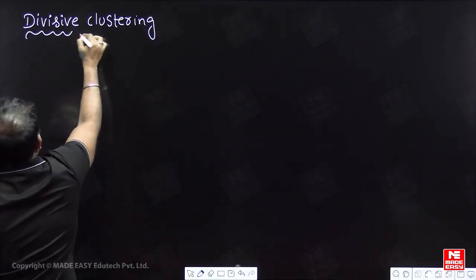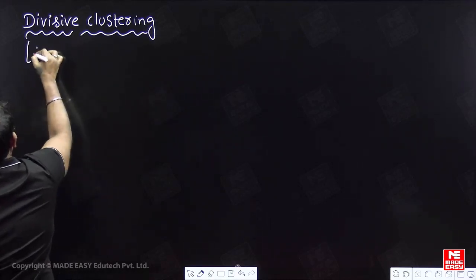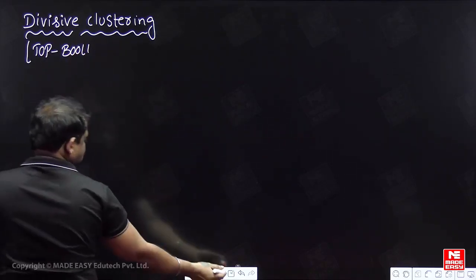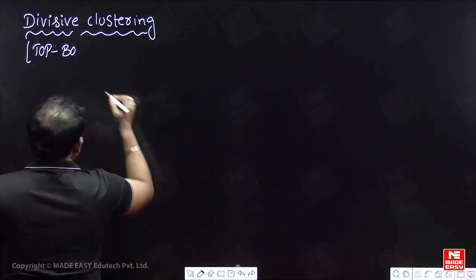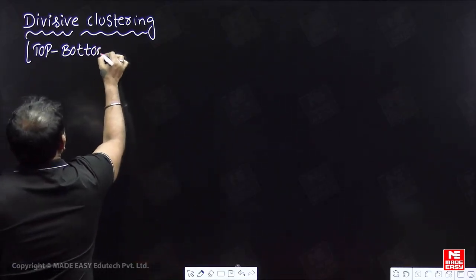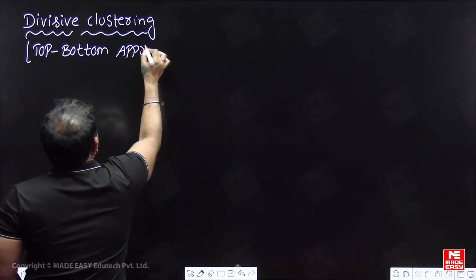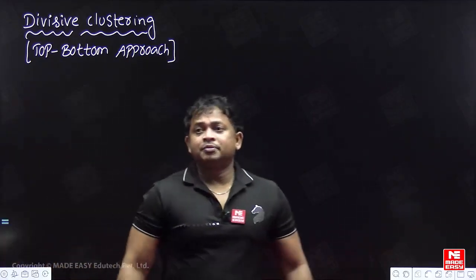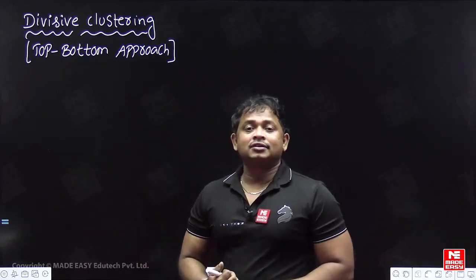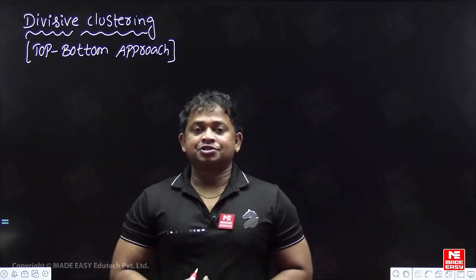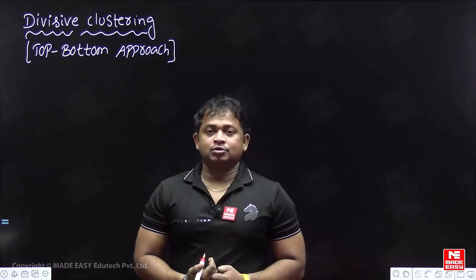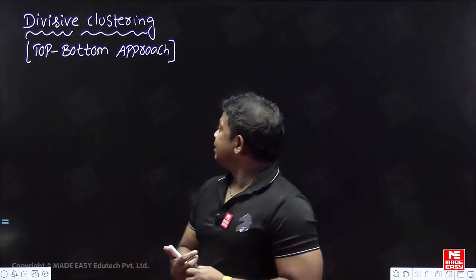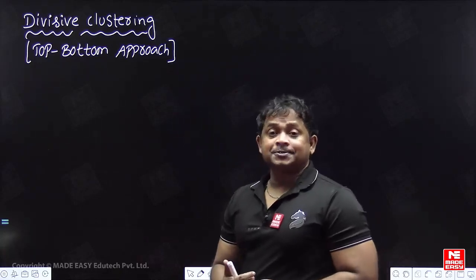This divisive clustering is the top to bottom clustering. Okay, students. So before this, we already discussed the agglomerative clustering, that is the bottom to top approach of a clustering method. Now this is the divisive clustering, that means top to bottom approach of a clustering.